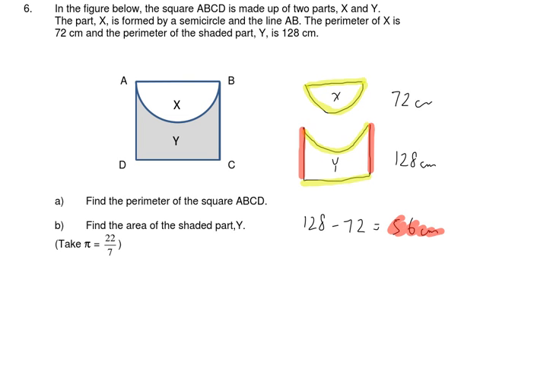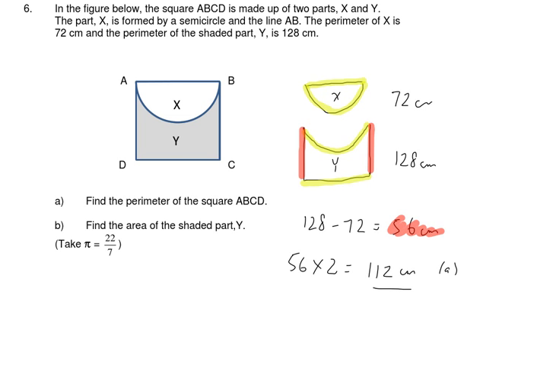So the perimeter of the square is 2 times 56 cm, yes or no? Correct? Two lines here and two lines across. So for part A, 56 times 2 equals 112 cm. So this is the answer for A. Okay?